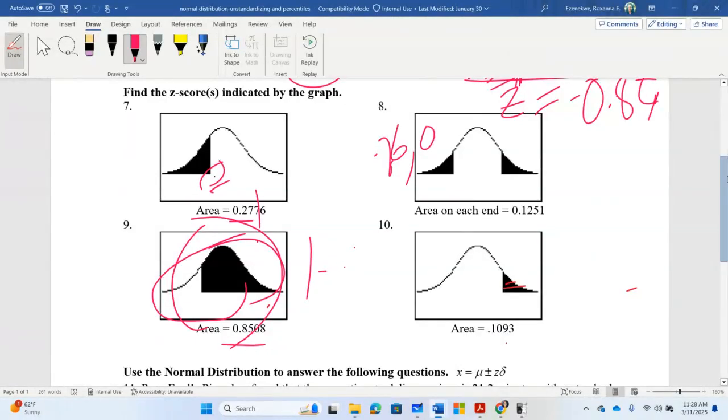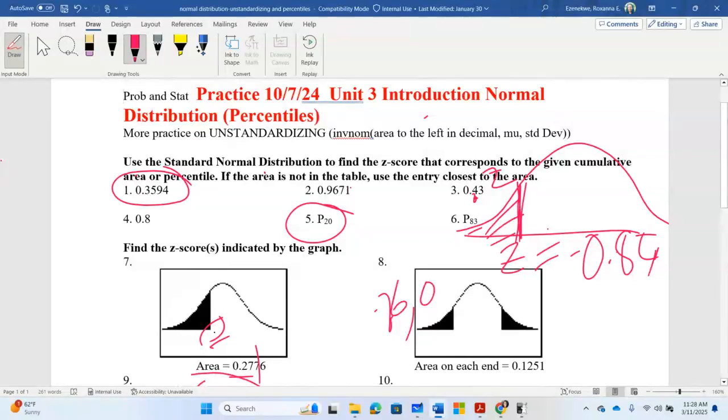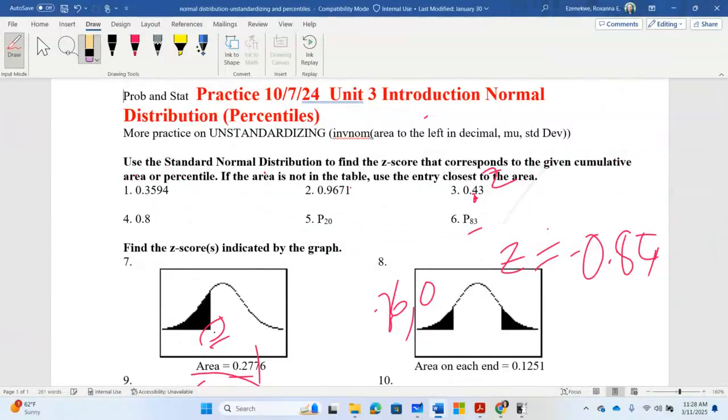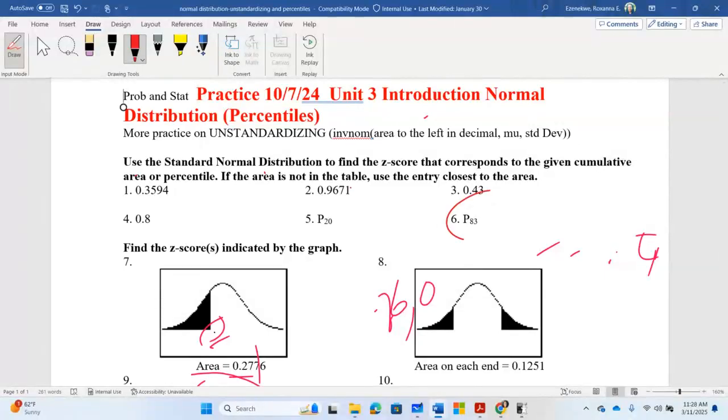So let me do one more example here. These are called percentiles. Suppose I'm told to find P83. It means the 83rd percentile. By the way, let me draw it.